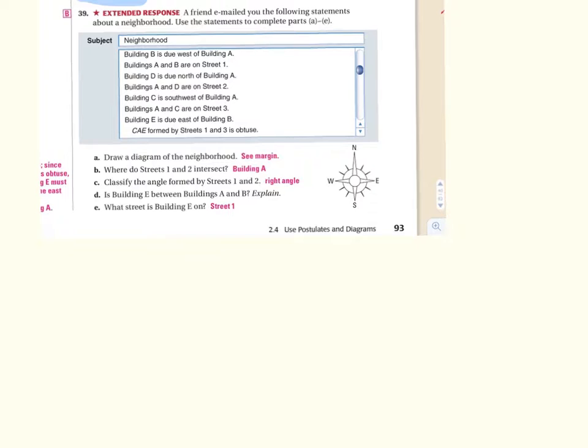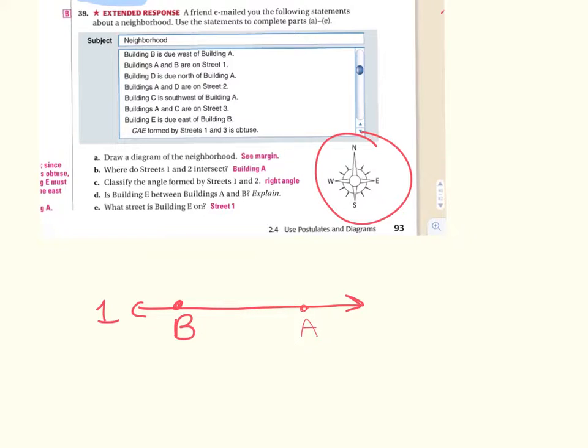Okay, so it said building B is due west of building A. So wherever I put A, I have to put B in relation to that. West is in which direction? Here's my little compass: north, south, east, west. West would be to the left of A, so it's anywhere over here. Then it says buildings A and B are on street 1, so I'm going to connect this and call it street 1.